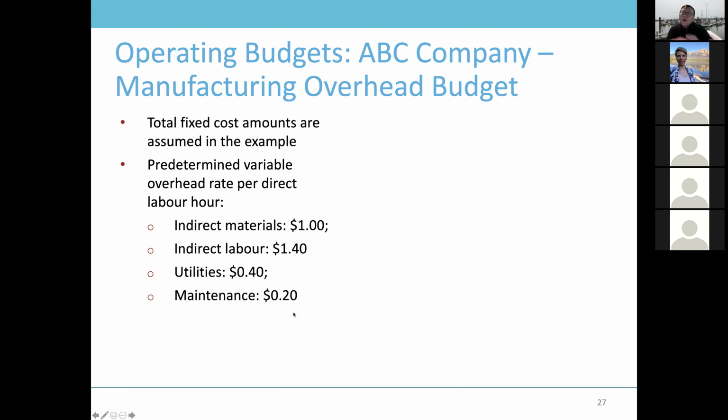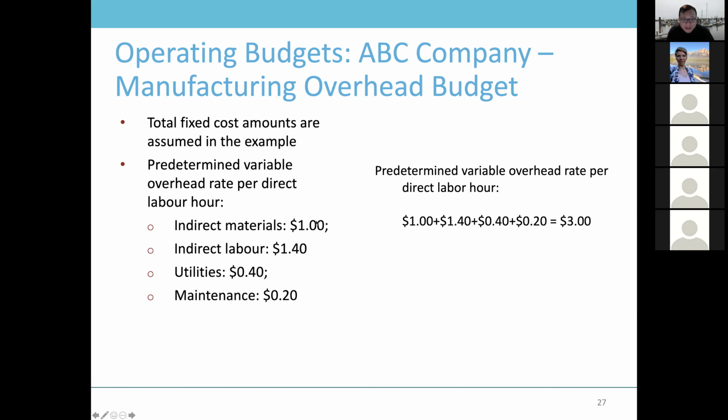So for every direct labor hour, the overhead is these 4 elements. You can also consolidate these 4 numbers together: 1 plus 1.4 plus 0.4 plus 0.2, so $3. The predetermined variable overhead rate for each direct labor hour is $3.